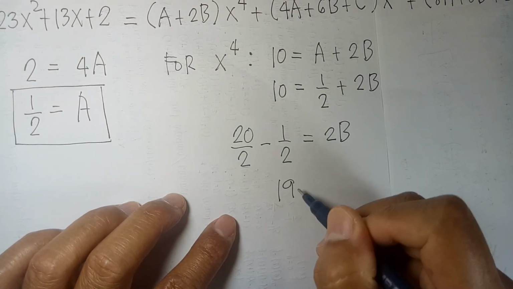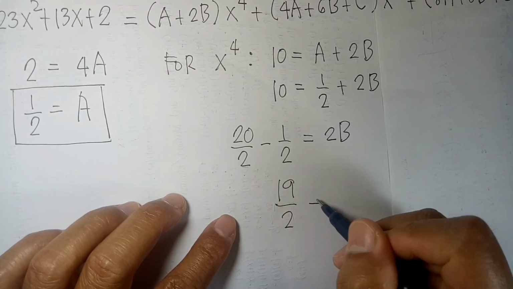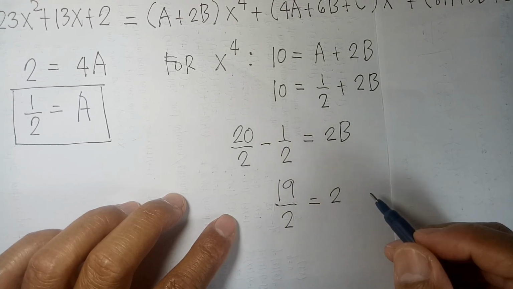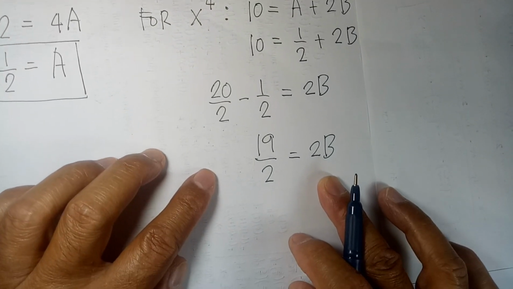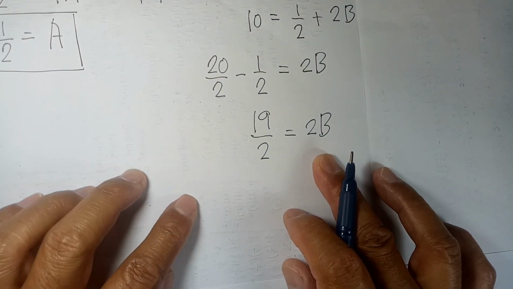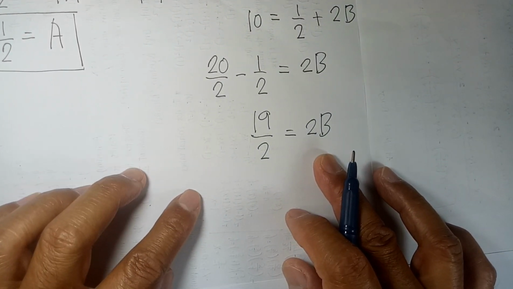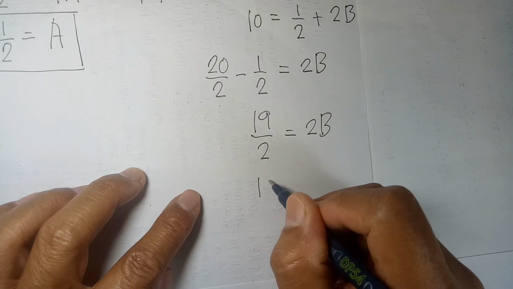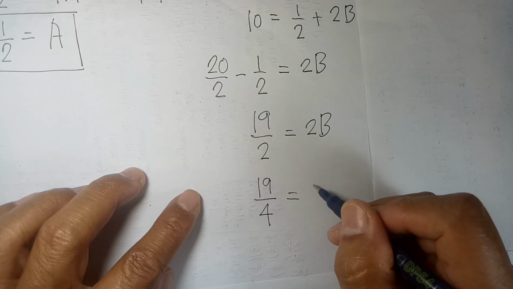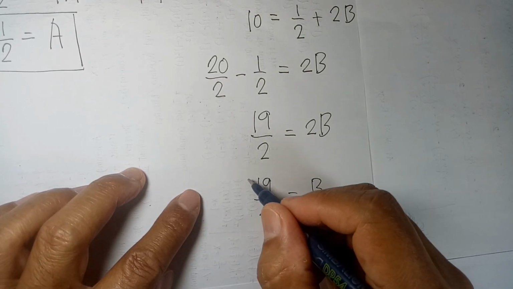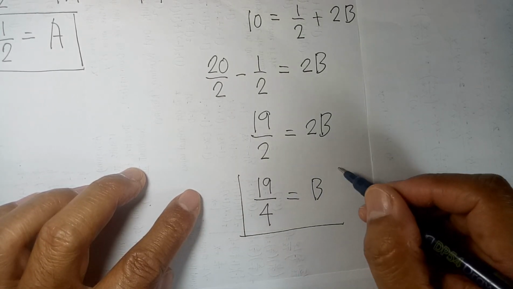So, 19 over 2 equals 2b. So, therefore, b equals 19 over 4. So, 19 over 4 equals b. So, ito ngayon yung value ng b natin.